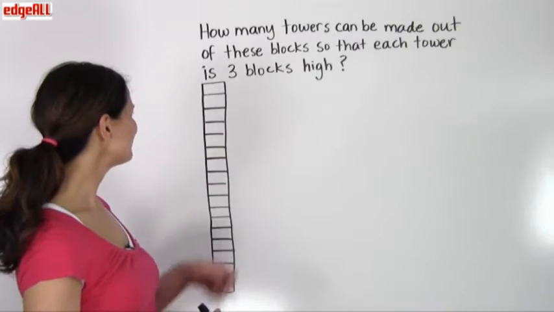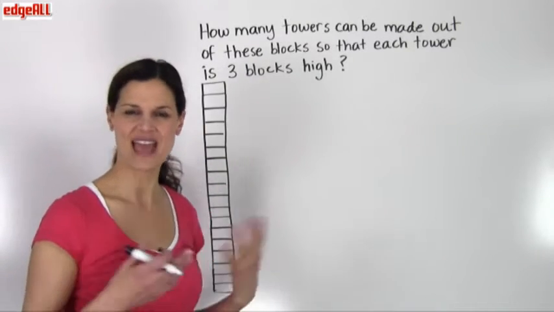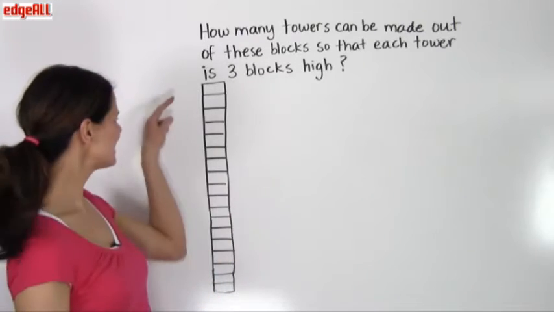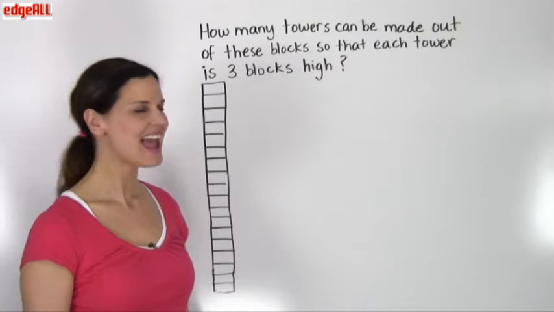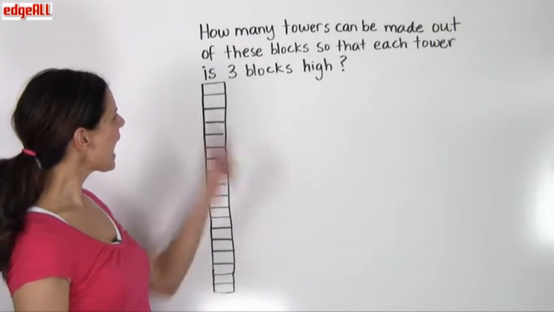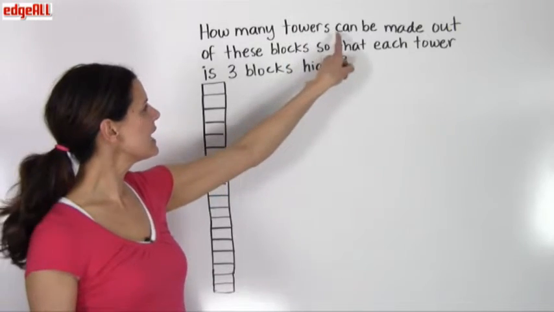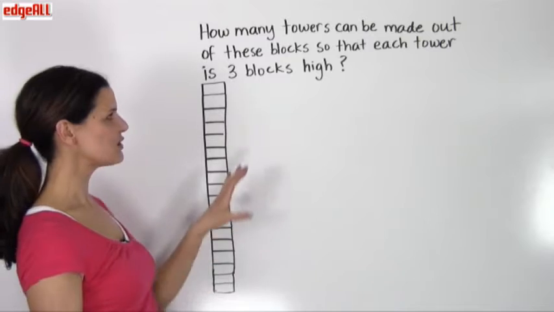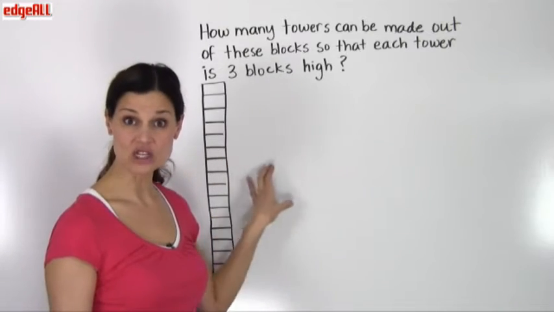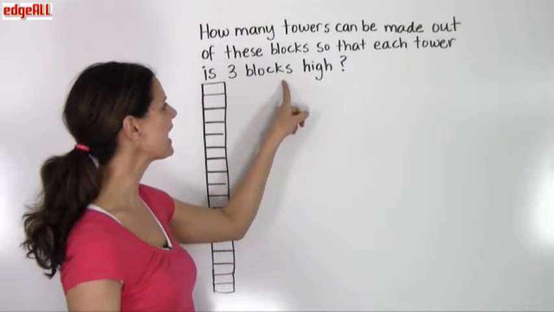So imagine that we have a stack of 18 blocks, or a set of 18 blocks. I've drawn a little picture here of our 18 blocks, and our question says, how many smaller towers can be made out of these blocks so that each of our smaller towers is 3 blocks high?